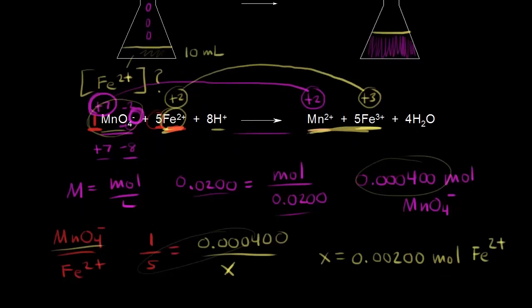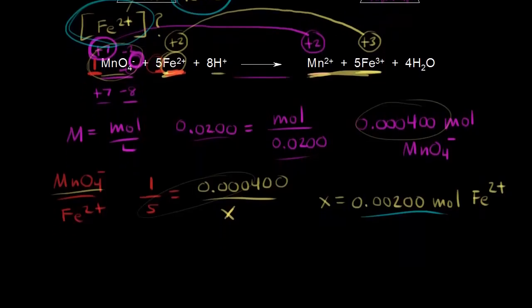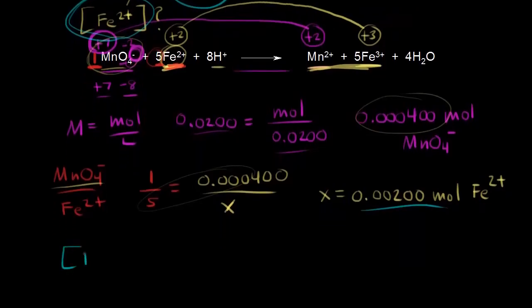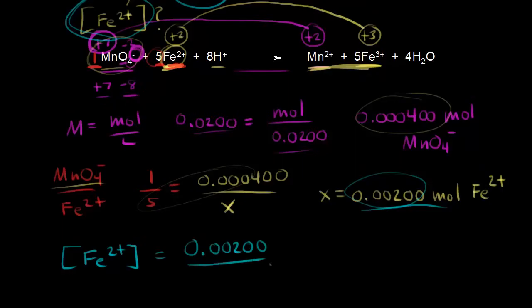All right, we're almost done because our goal was to find the concentration of iron 2+ cations. Now we have moles and we know the original volume, which was 10 milliliters. To solve for the concentration of iron 2+, we just take how many moles of iron 2+ we had, which is 0.002. So we have 0.002 moles of iron 2+. We started with a total volume of 10 milliliters, which is equal to 0.01 liters.